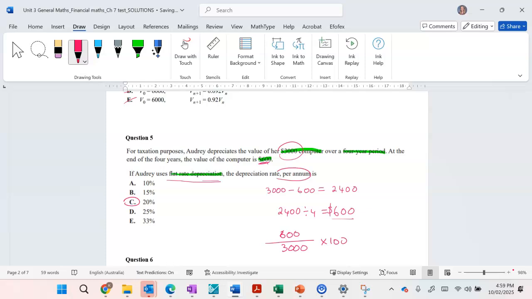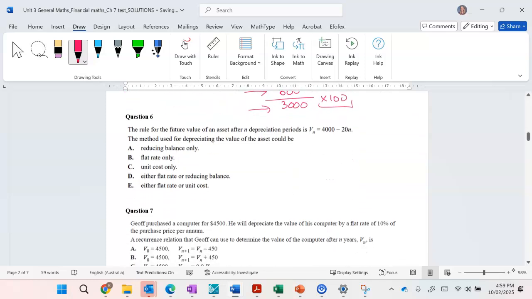So you could accidentally get that 20%, well, you could incorrectly get the right answer, which is fine. But yeah, just the amount per year. So 600 is how much it's depreciating by each year. 3,000 is the starting amount, and then this times 100 is turning it into a percentage.